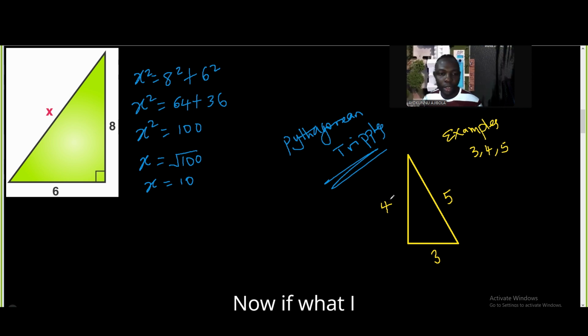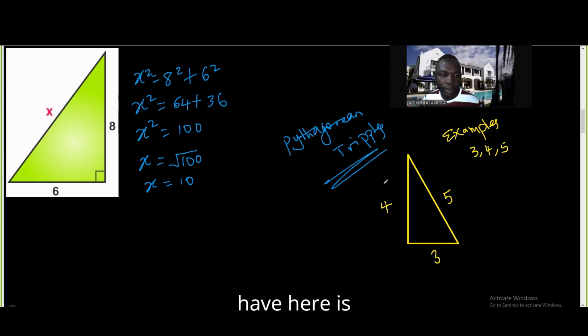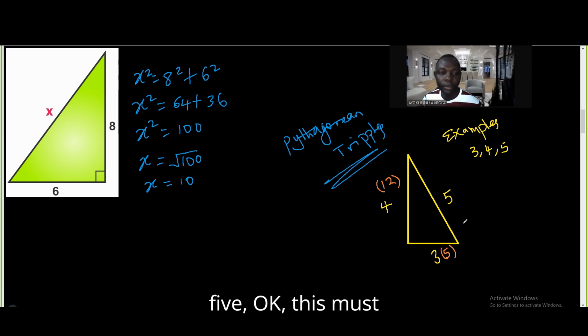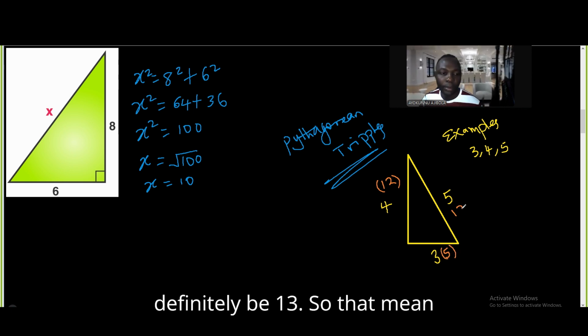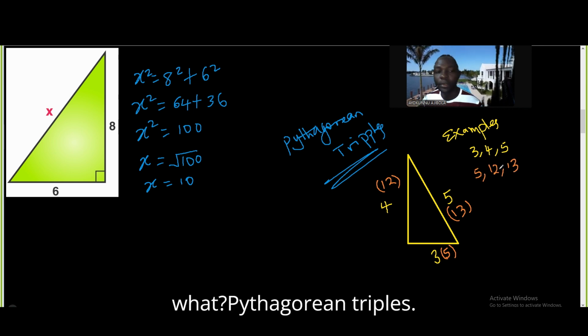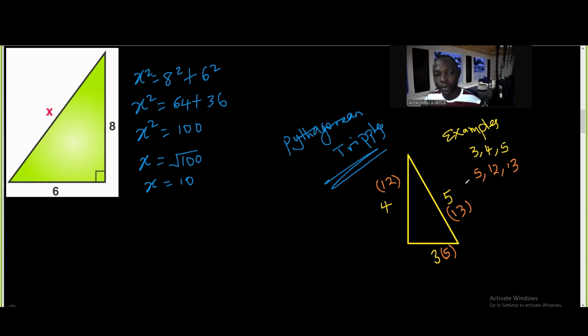Now, if what I have here is 12 and this place is 5, this must definitely be 13. So that means 5, 12, and 13 are Pythagorean triples.